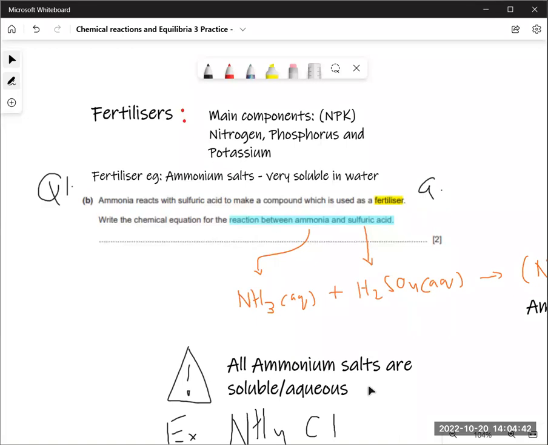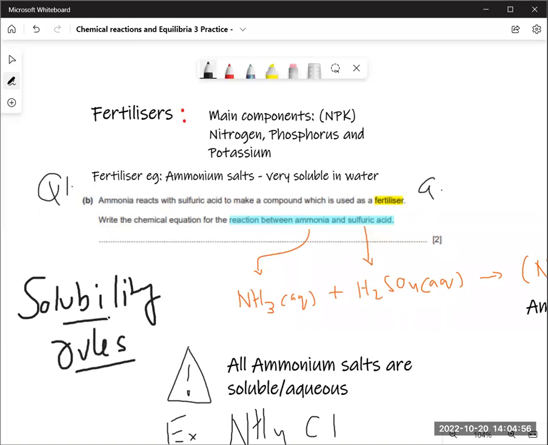Shrey, have you done the solubility rules? Salt solubility rules, yes. Yes, I have. I remember almost all of them, but I don't remember the table. I know whatever's in our textbook.